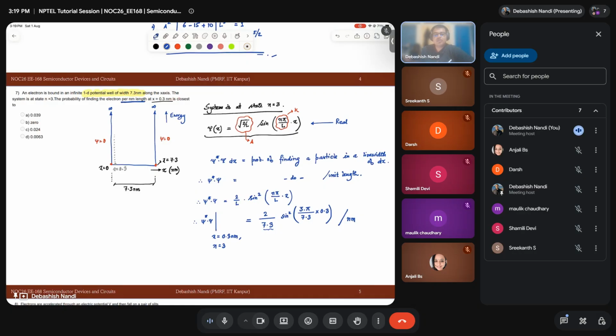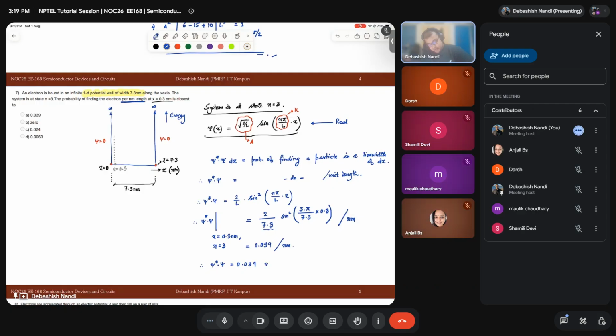So this will be my answer. If you just use your calculator and find it out, you will see it comes out to be 0.039 per nanometer. Fine. So my probability of finding the electron is nothing but 0.039 per nanometer.